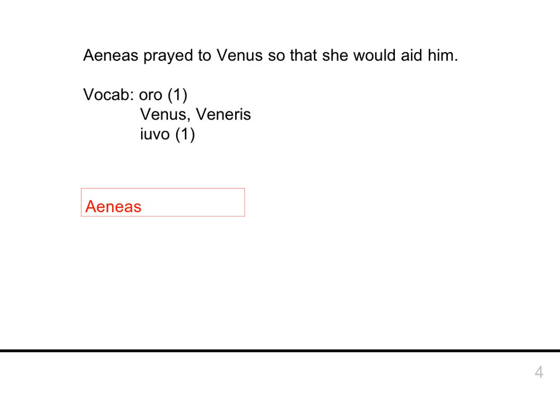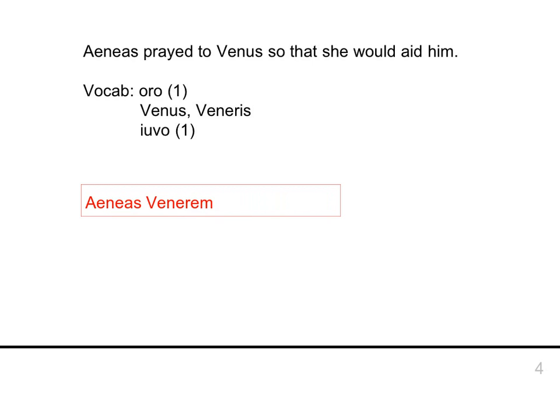We can just say "Aeneas begged Venus." That will work just fine. Notice also "prayed" is past tense, so I'm going to use Venus here. We'll put her in the accusative case. And then I'm also going to put the verb oro into the perfect tense. "Prayed." Aeneas begged Venus, or Aeneas prayed to Venus.